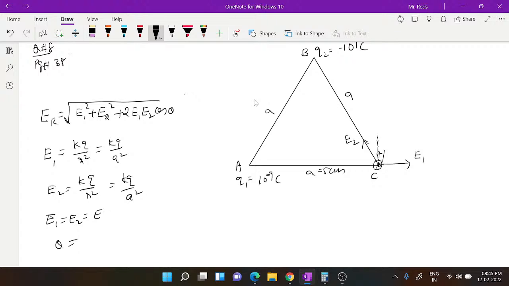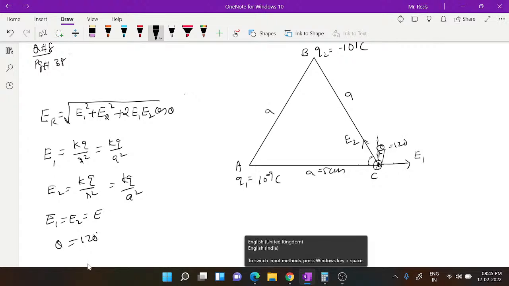The angle between the vertical and this will be 90, and this is 60, an equilateral triangle. The other way you can say it is that the angle between the horizontal and this will be 180, and 180 minus 60 will be 120. So theta is equal to 120. Is it clear?